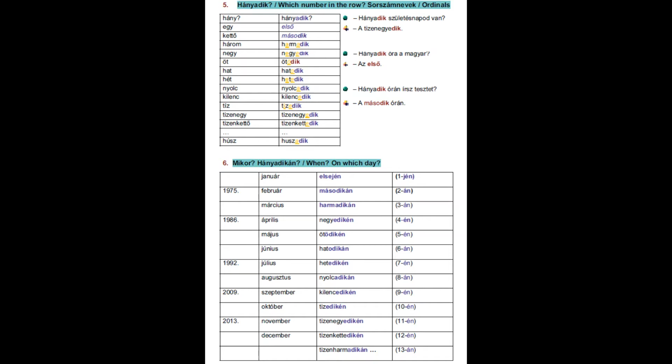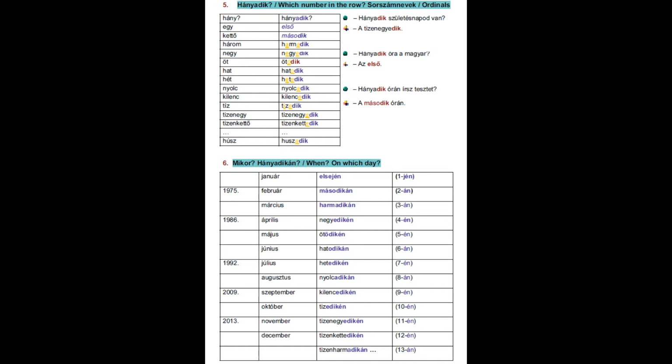2009-e, szeptember 9-én. Because the 9th in Hungarian is 9, that means that on the 9th is 9-én. Very good. September 9-én.